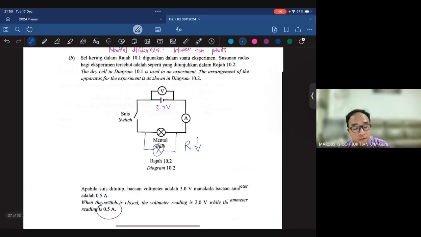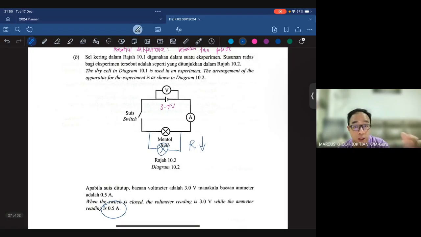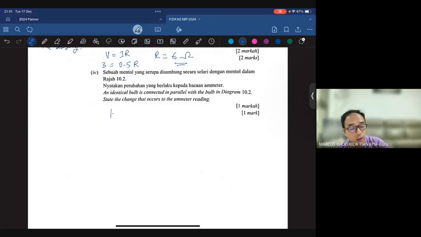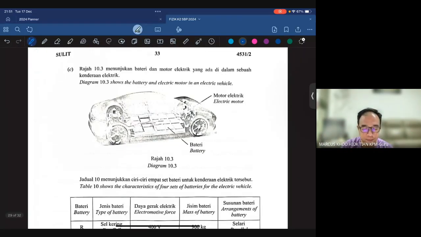Since my voltage remains the same, it will still be 3, my current is going to increase, because my total resistance has decreased. Whenever I add more things in parallel, the effective resistance decreases, which gives me a better current flow. There are times where we need series, and times where we need parallel, but this is just one of those where we have parallel.